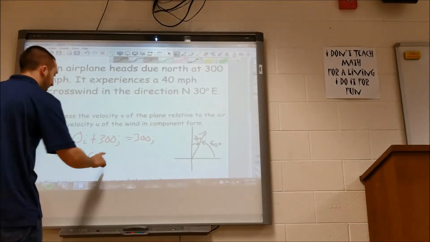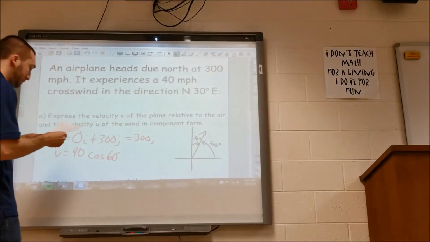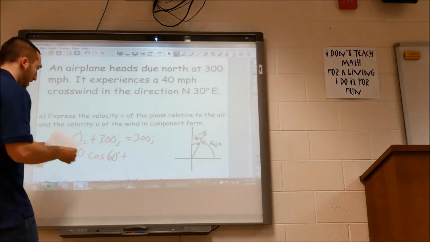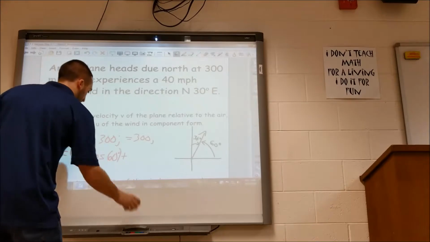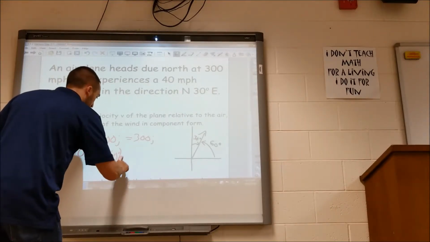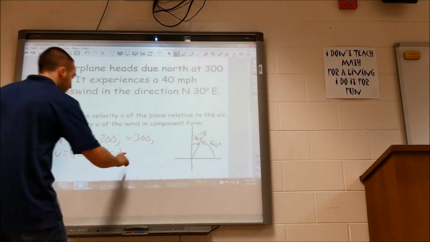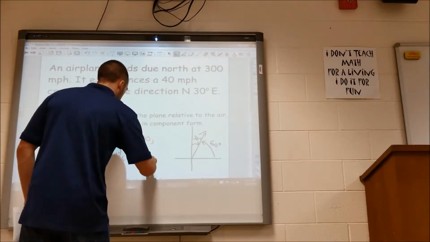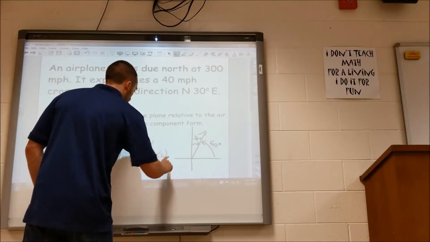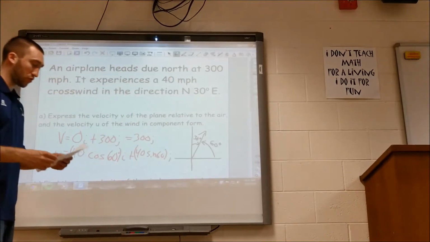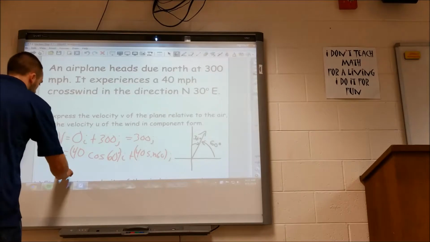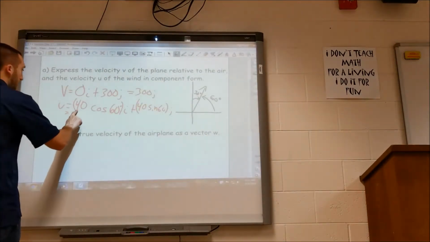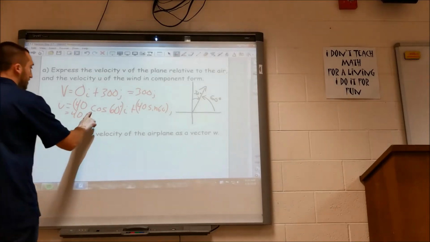So that just means I take 40 times cosine of 60 degrees i, because that's the i component, plus 40 sine 60 degrees j. Okay, so that's your y component. So as I work this down, I get 40, and cosine of 60 degrees is 1/2.